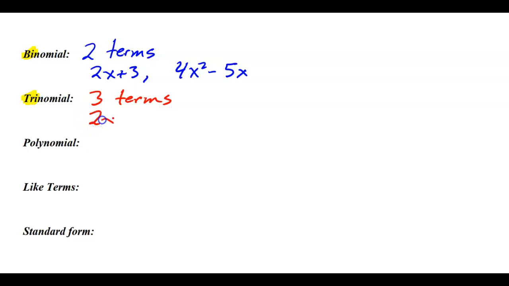So 2x squared plus 5x minus 3, 4a cubed minus 6a plus 1/2. Okay, so a polynomial is many terms, and all the values I've written up here are polynomial.